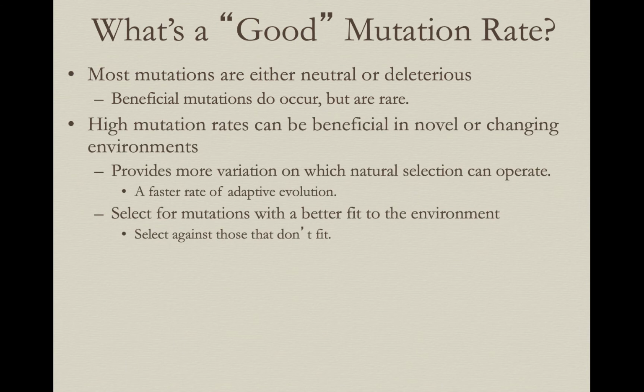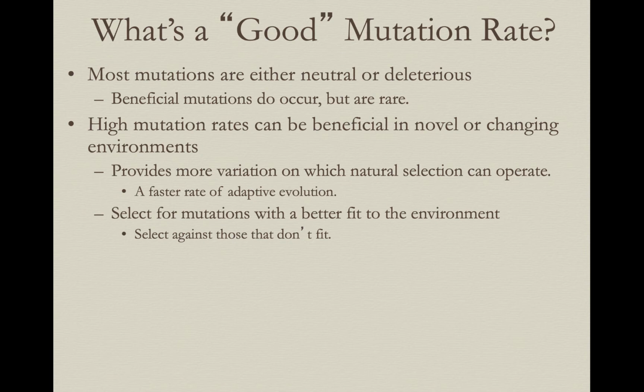So let's put that into two different environmental contexts. If you are a species living in an environment that is not very stable or is undergoing really rapid, frequent changes, a high mutation rate is actually good for that species. Now, it's not good for most of the individuals of that species, again, because when they get a mutation with a phenotypic effect, it's usually bad.